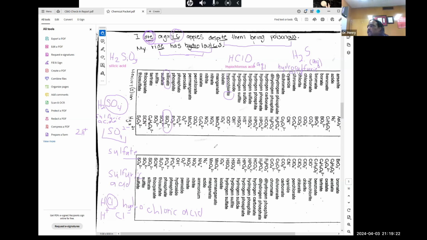What would this one be called? Would it be hydrophosphoric acid? That's right, hydrophosphoric acid.